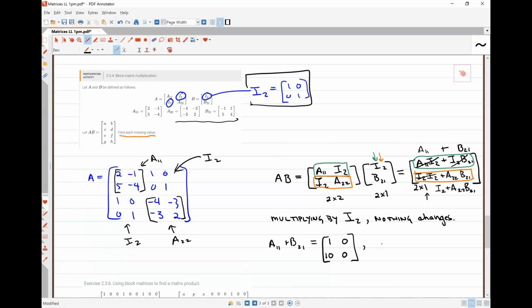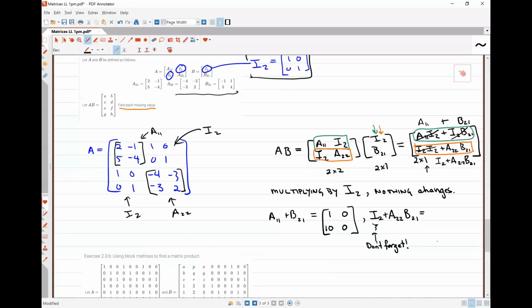And the other part we have to do is I2 plus A22 B21. The mistake I'm going to make here is to compute this product, which takes thinking, and write that down and say that's the answer, but it's not, because I have to add ones to the diagonal. Don't forget to add the ones on the diagonal.